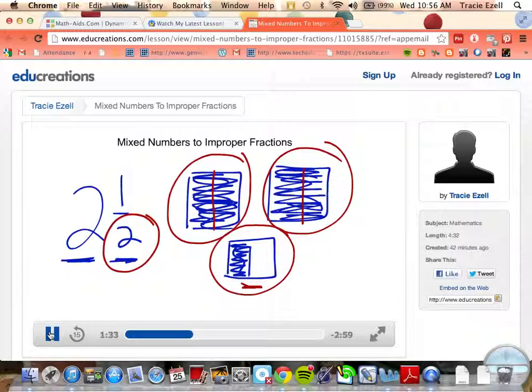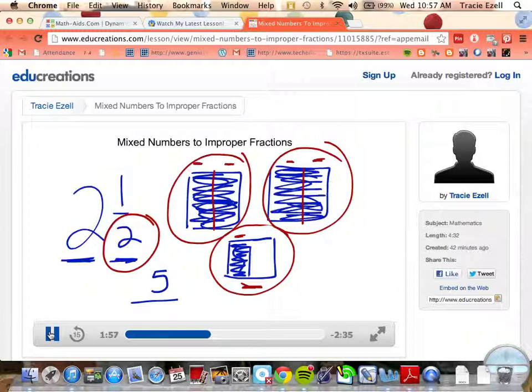And then if I looked at total pieces, I could say that I have 1, 2, 3, 4, 5, 6, but I didn't use 6. How many did I use? I only used 5 pieces, so 5 total pieces were used.